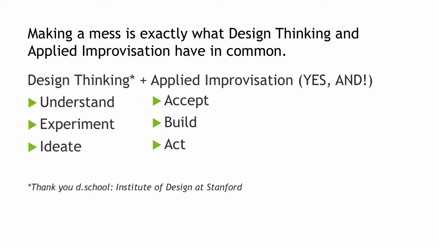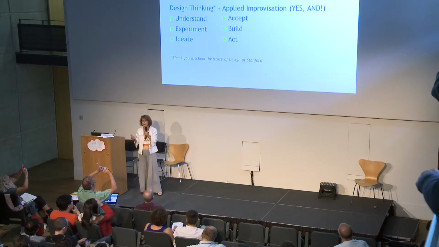Then it occurred to me when I did go to the D School, and thankfully they are doing some great leadership in this area. On the left are 3 things, and they fit really nicely with how I've been trying to capture what applied improvisation is: accept, build, act.